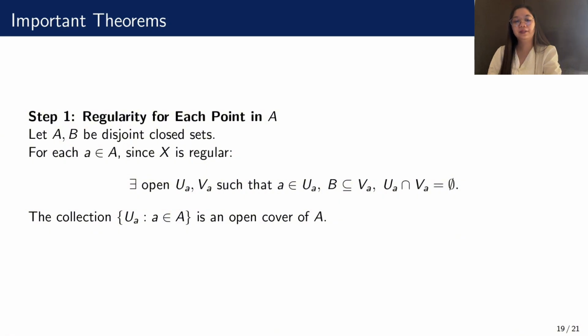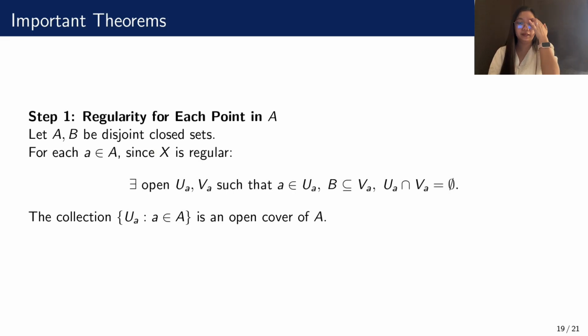Because the space is regular, we can find two disjoint open sets around a and B. So for each point a, we can separate it from the entire set B. The collection U sub a, for a in A, is an open cover of A. So these open sets U sub a together cover all of A.